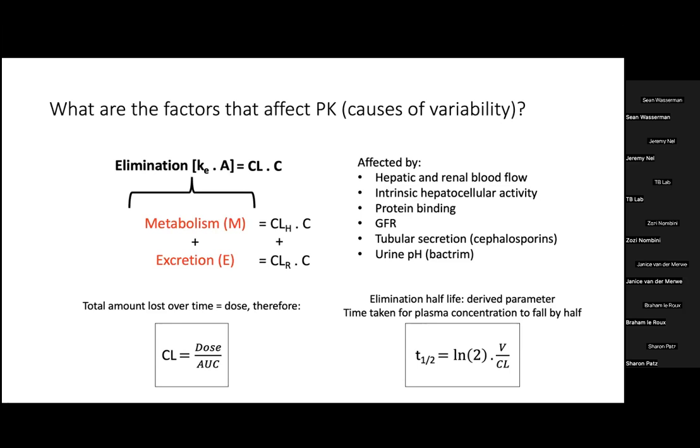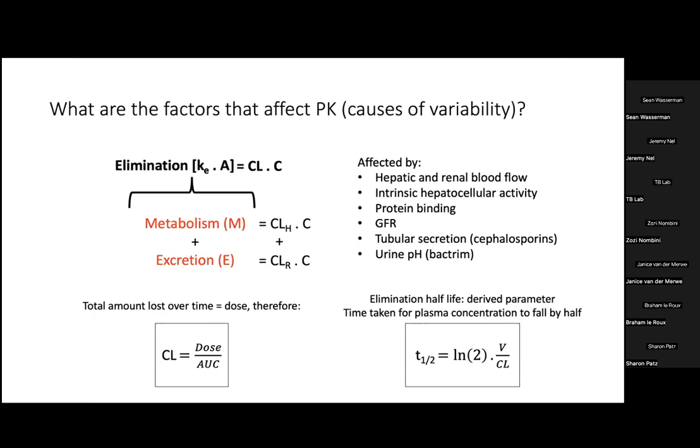And clearance is affected, I think it's easy to imagine from these equations, by blood flow to the liver, where it gets metabolized, or to the kidneys, where it gets excreted, and by intrinsic hepatocellular activity. Different drugs have different extraction ratios.